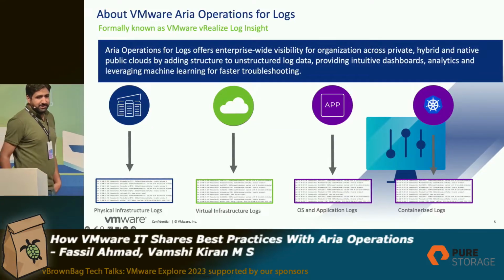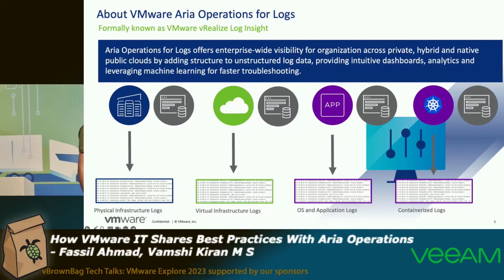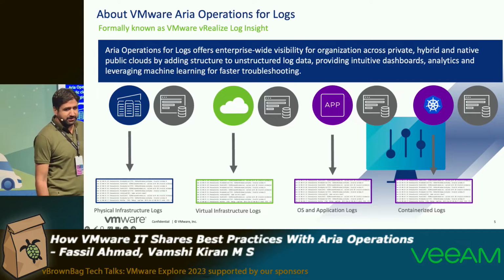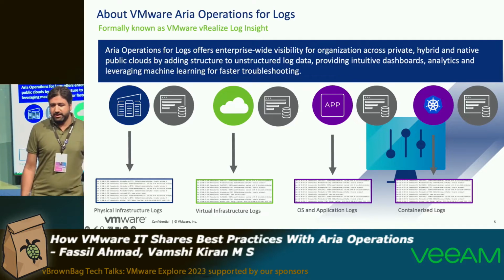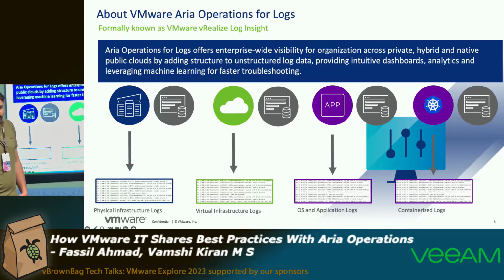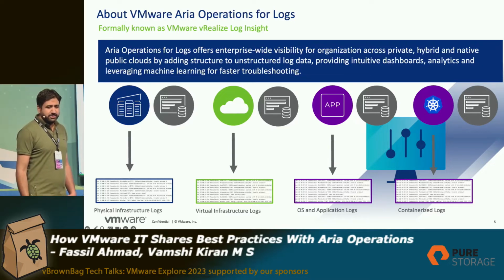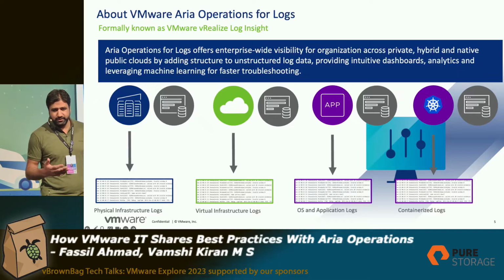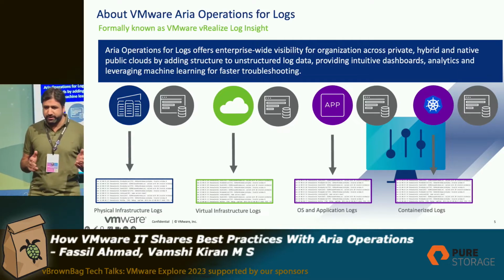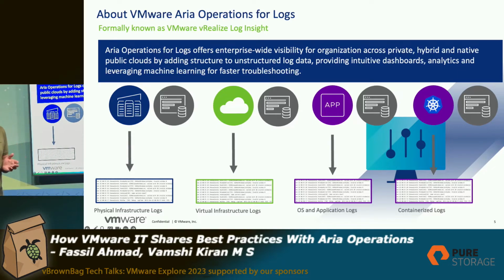So, as most of you are familiar, Aria Operations for logs, the formal name was VMware Log Insight. Log Insight is an enterprise log aggregator tool that collects logs from your public, private, and hybrid cloud.